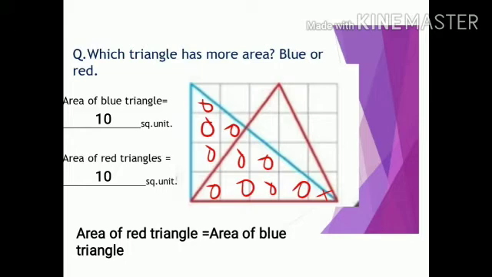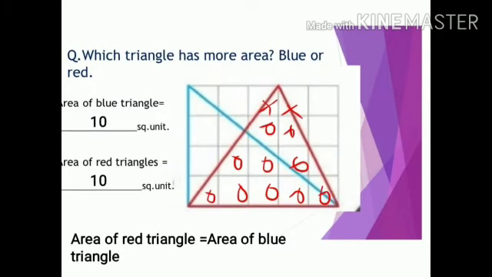Students, those squares which are marked by 0, we will count as one full square, and those which are marked by cross sign, we will not count, because they are less than half. So you can see here there are 10 full squares. So area of blue triangle will be 10 square units.